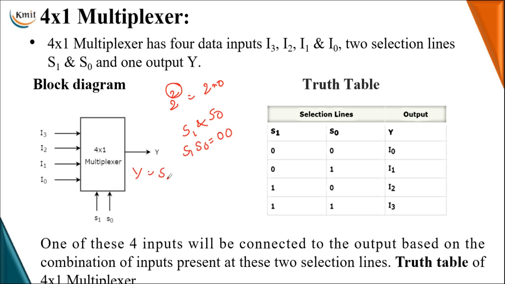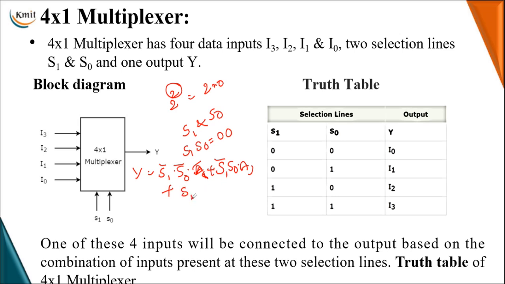I0 is transferred if S0 and S1 are both 0, as a product term. Let me write S1, if it is 0 we have to represent that with a complement, S0 is also 0, into I0, plus S1 bar into S0 into I1. So the second input is transferred if S1 is 0 and S0 is 1.